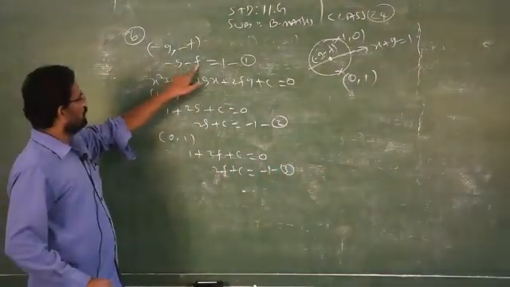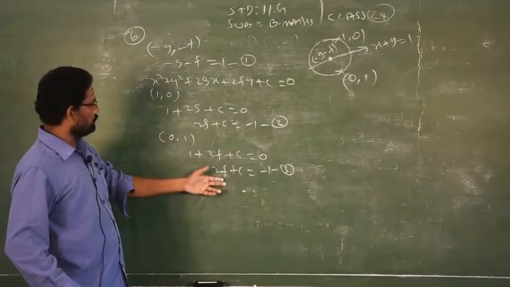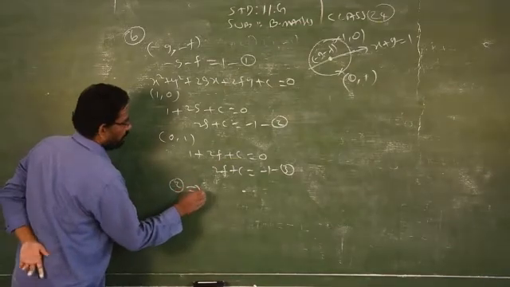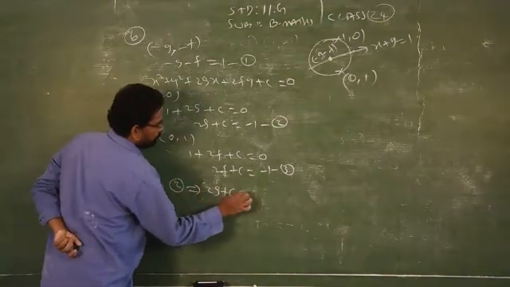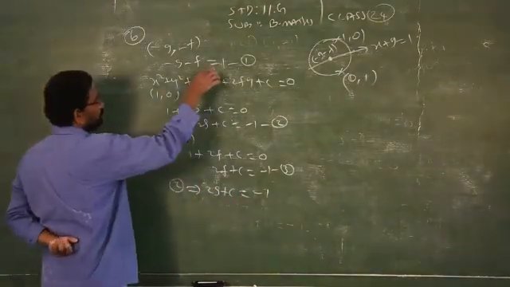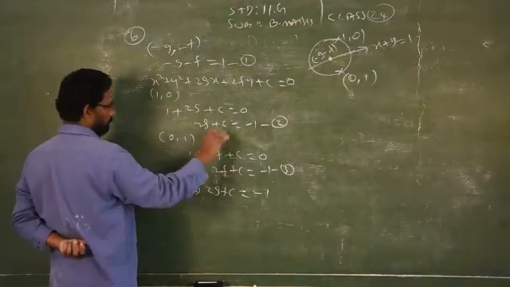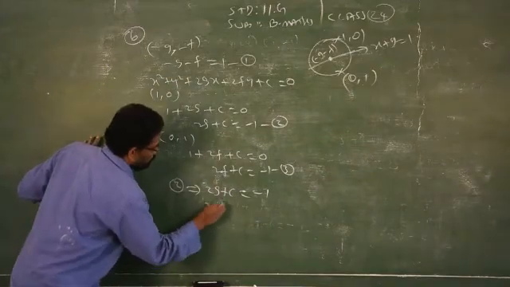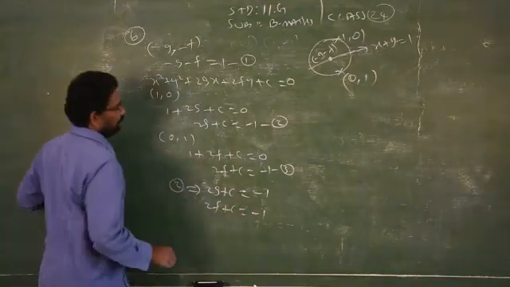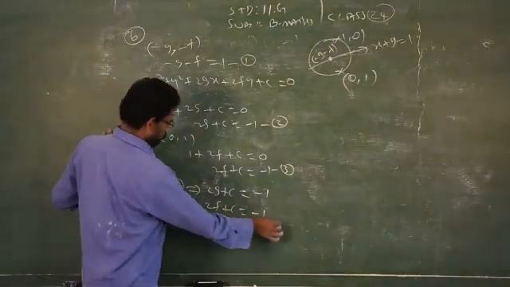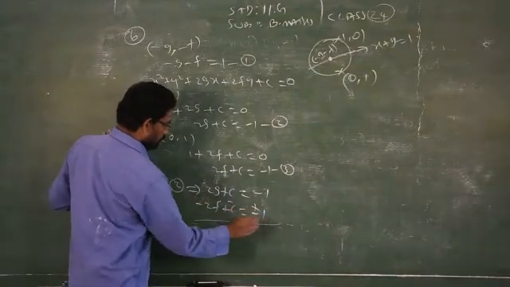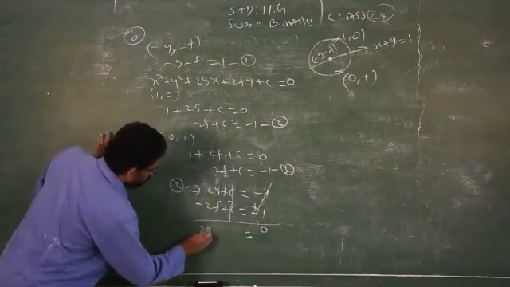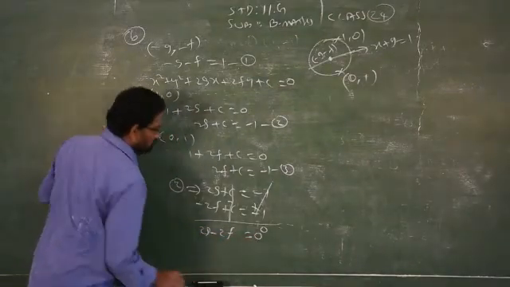Equation 1 is in terms of g and f, but equations 2 and 3 are in terms of f and c, so you have to eliminate c straight away. Depending on equation number 1, I need g and f, by applying the elimination method to equations number 2 and 3. Clear? Change the sign, this will be 0, we get 2g minus 2f is equal to 0, equation number 4.